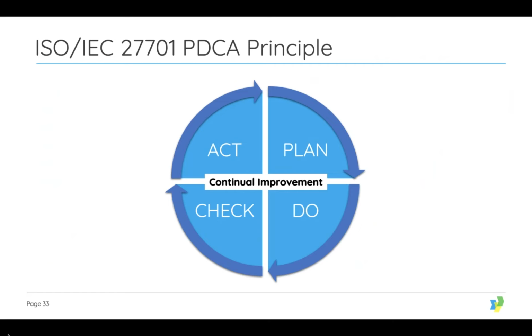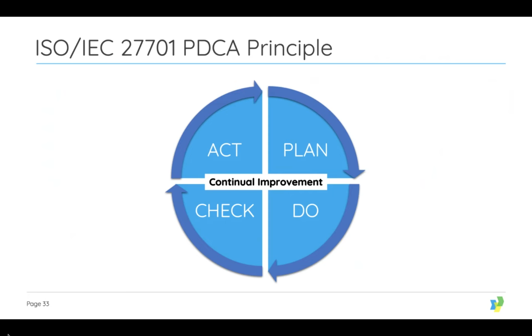It's important for us to look at the PDCA principle for every ISO implementation or any other security implementations or the certifications that we do for our organizations. The plan, do, check, and act, right?